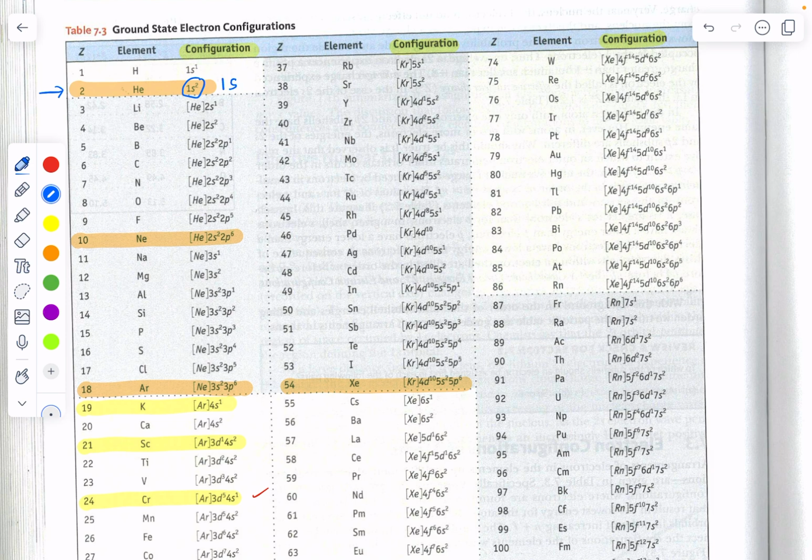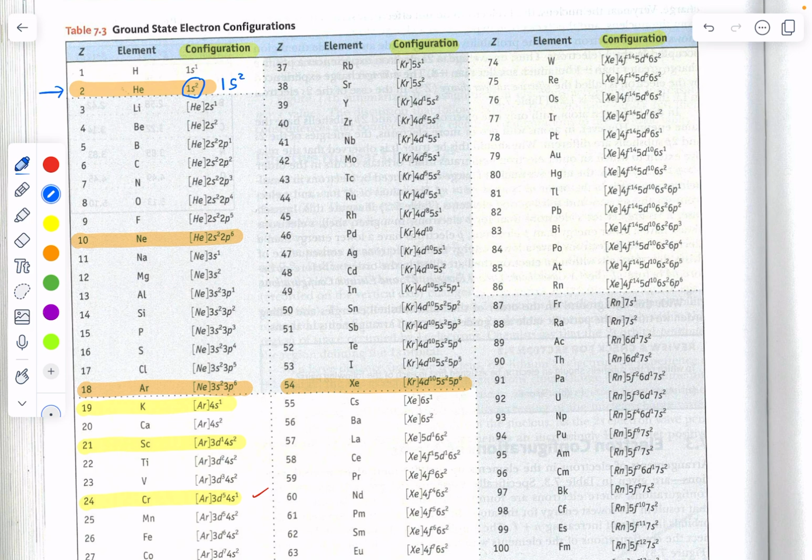If we were going to use the quantum number, we would call this the 0 subshell. Remember that? And then it has 2 electrons in it because it only has one orbital.